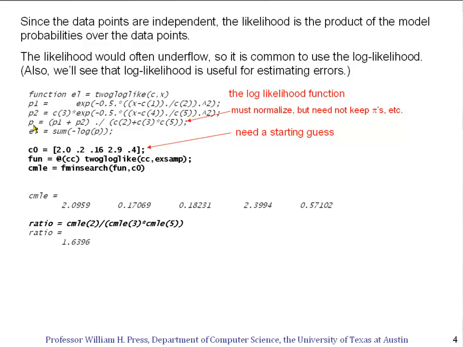Okay, we've defined a likelihood function, in this case for two Gaussians, and to actually do the fit requires only these 3 lines of MATLAB. We choose some starting values for the fit, some guessed values, so I'm guessing here center and width of the first component, center and width of the second component, and a ratio of the areas, the parameter C3.